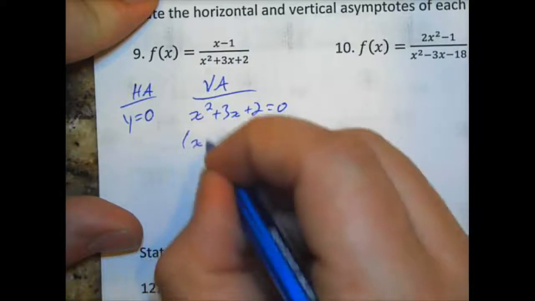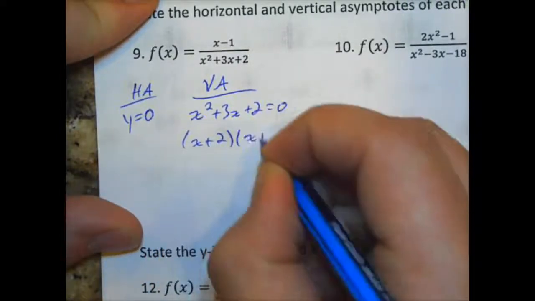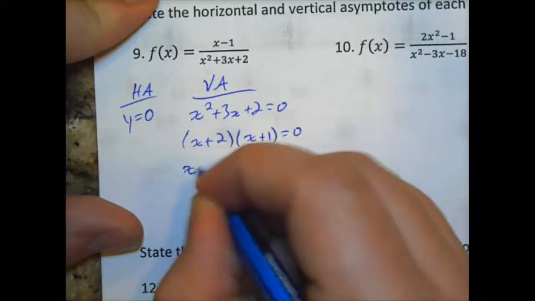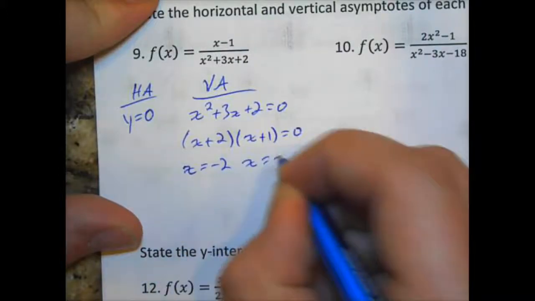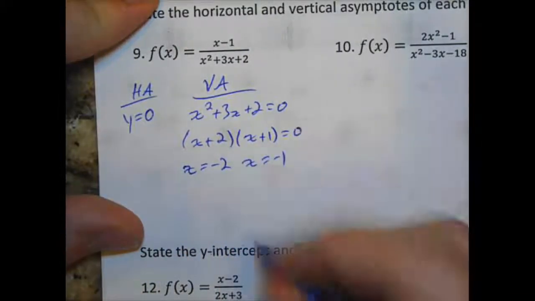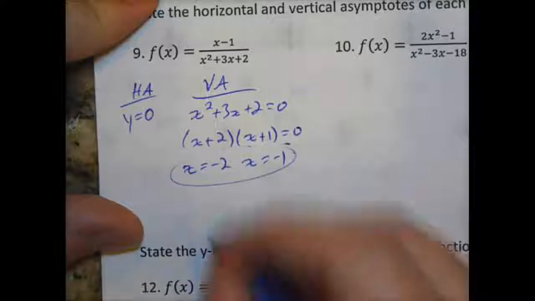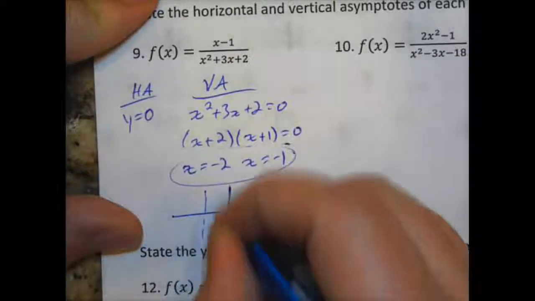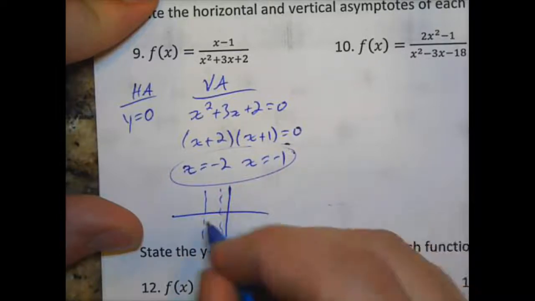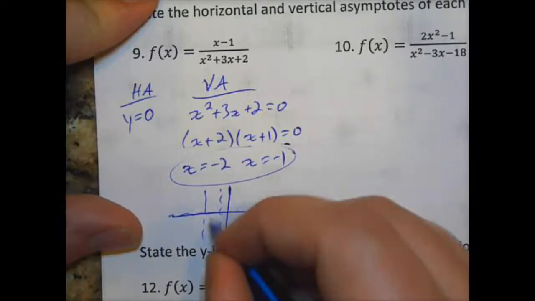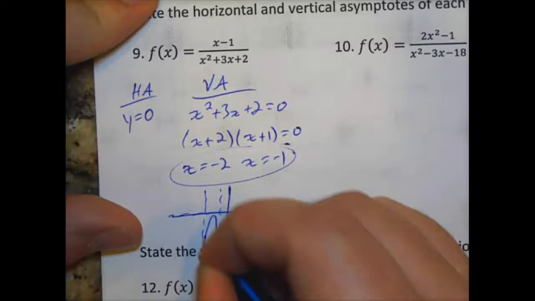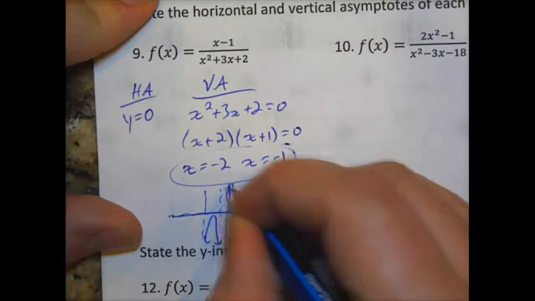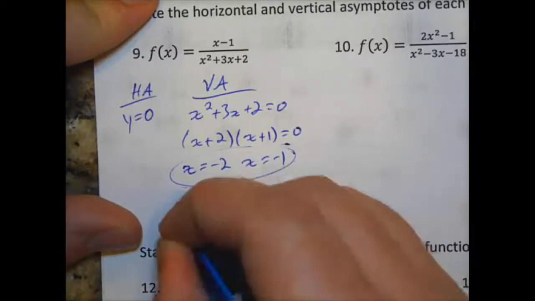So this one I would have to factor such that I get negative 2 and negative 1 as asymptotes. So don't freak out when you see that. You just have two asymptotes, and that's totally fine. That would mean we have asymptotes at like negative 2 and negative 1. We had our horizontal at y equals 0, so we may have a graph that looks something-ish like that.